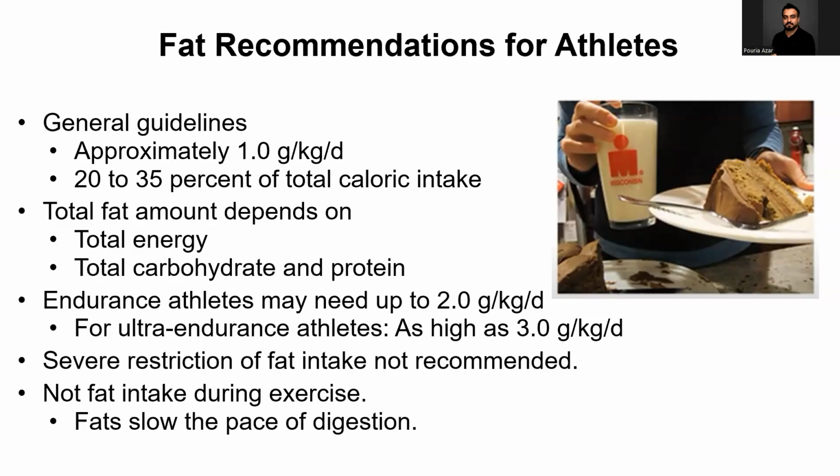For carbs, it is 45 to 65%, for protein it is between 10 to 35%, and for fat it's 20 to 35% of total caloric intake. That's the general guideline, and we recommend this also for athletes: 20 to 35% of total energy intake coming from fat.